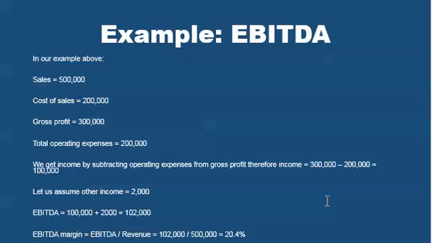Let us assume other income is 2,000. EBITDA is 100,000 plus 2,000, which is 102,000. What is the EBITDA margin? EBITDA margin is EBITDA divided by total revenue, which in our case is 102,000 divided by 500,000, and we get the answer of 20.4%.